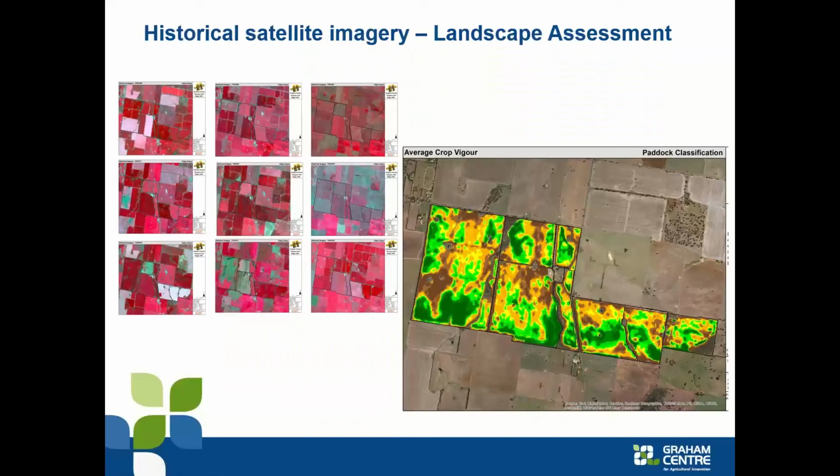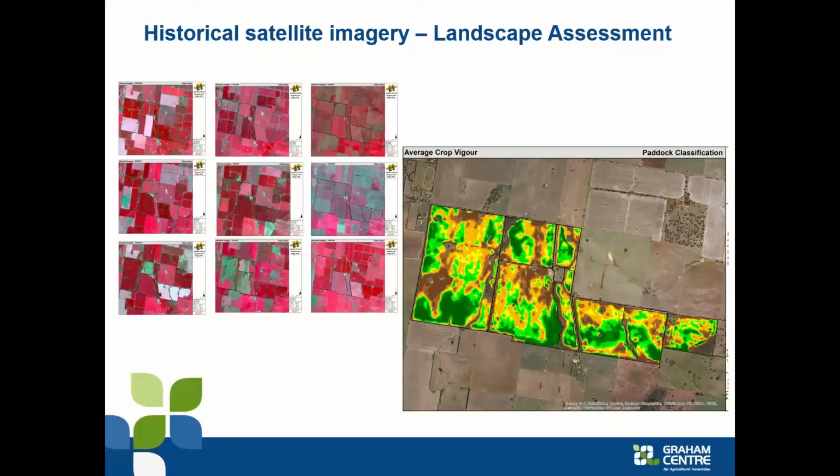But we also now have access to loads and loads of historical imagery. The US government has been conveniently taking a picture of the planet every 15 or 16 days, going right back to the 70s, and most of that data is now freely available.